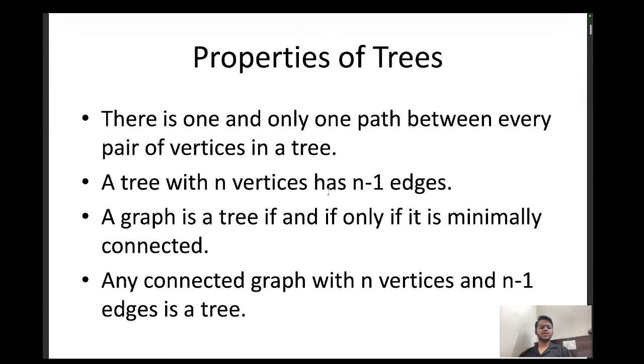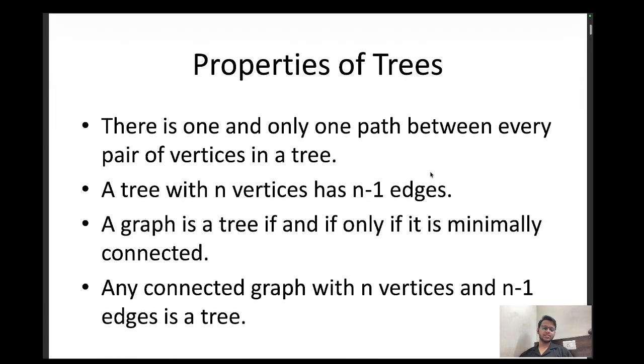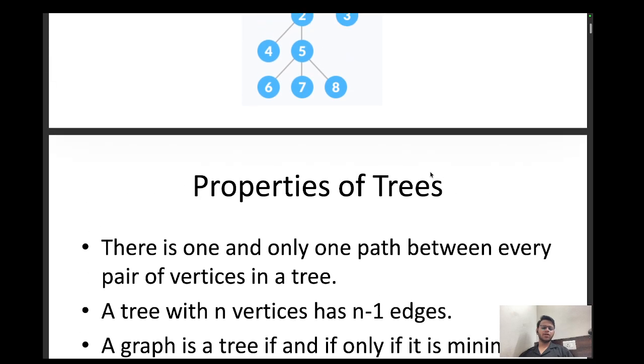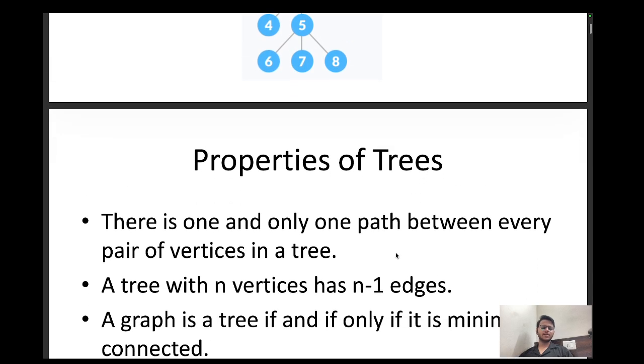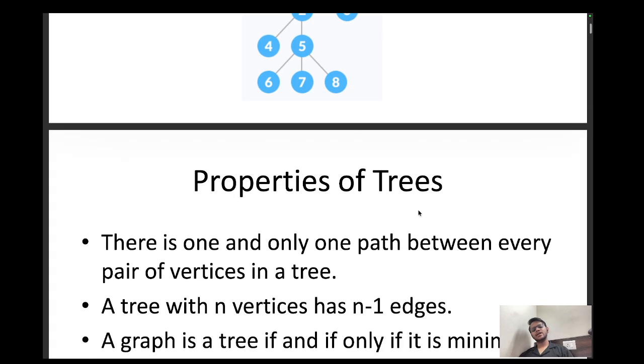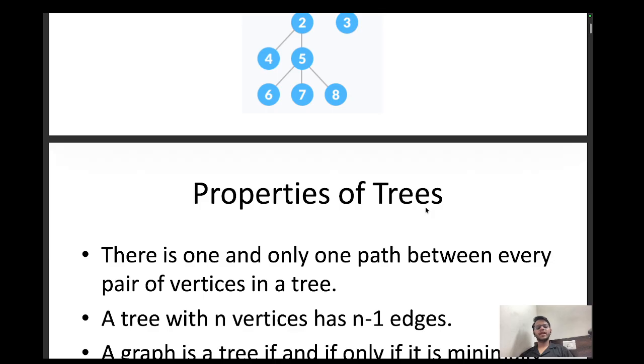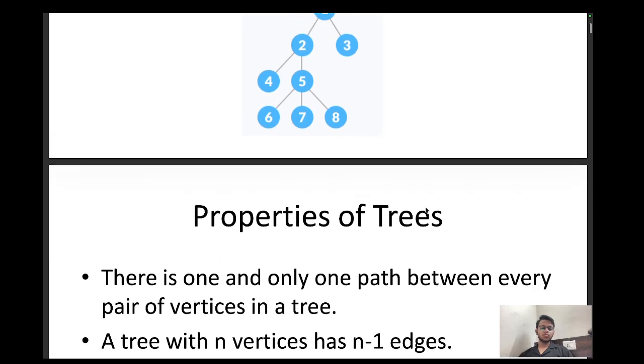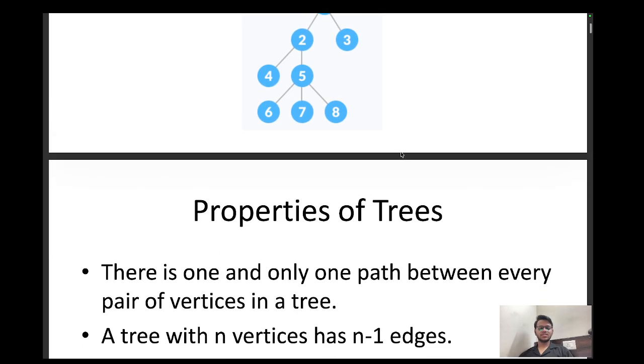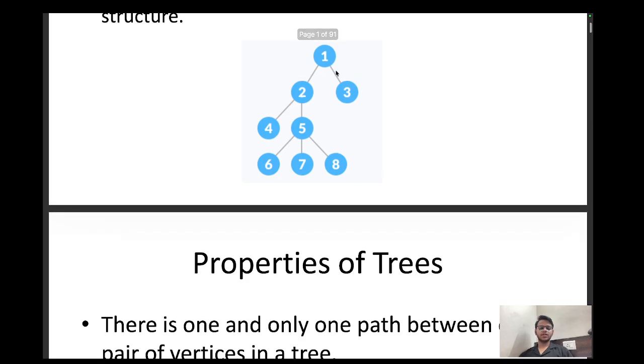A tree with n vertices has n minus one edges. So now let us see whether the point written here is valid in this diagram or not. Let us calculate the number of vertices in this figure. Vertices are nodes, so it is the same as the number of nodes. Let us count the number of nodes.